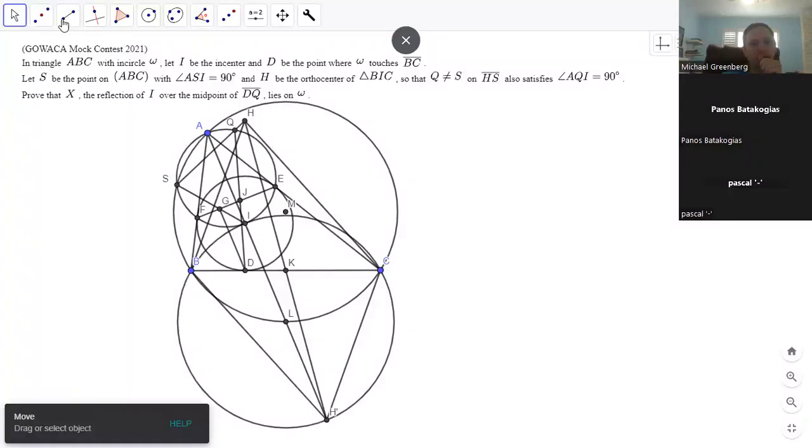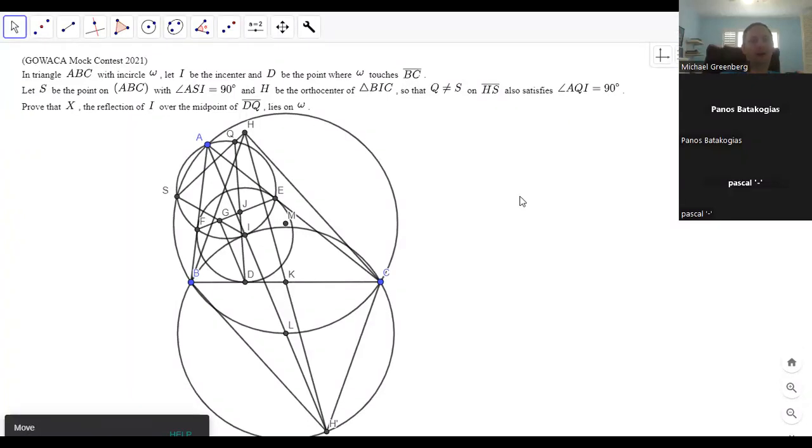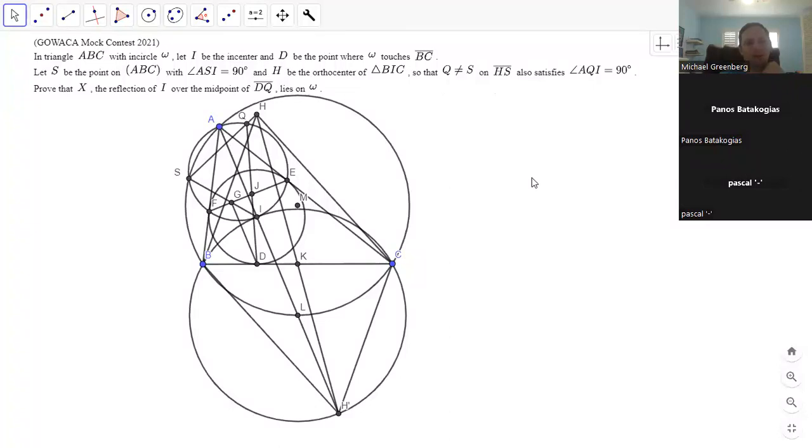H, K, and H prime. That's actually a well-known fact, so it's not too hard to prove. It's because, trying to remember, I think it's just an angle chase, but let me think about it. Yeah, we want to show triangles HBC and H prime BC are congruent.